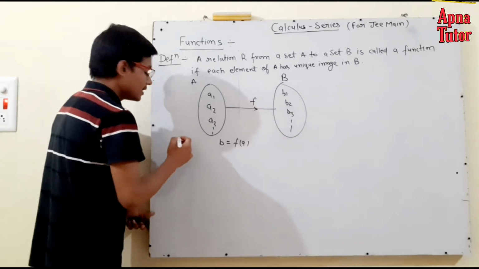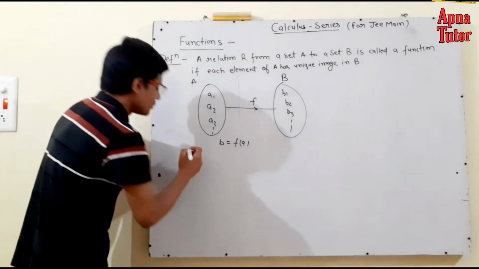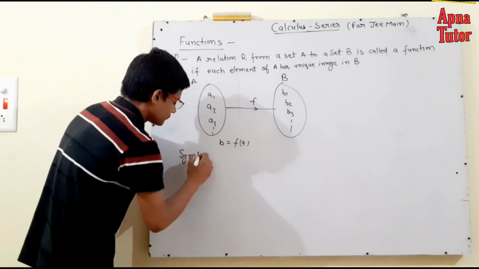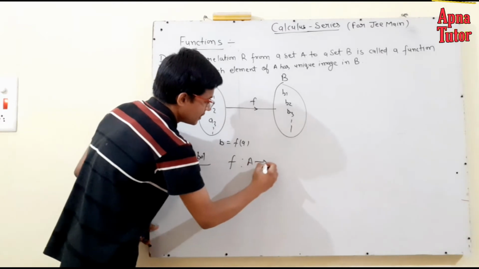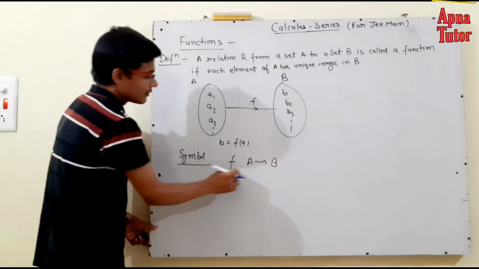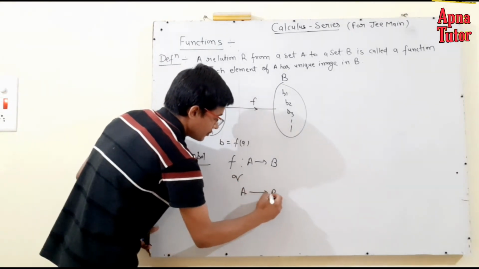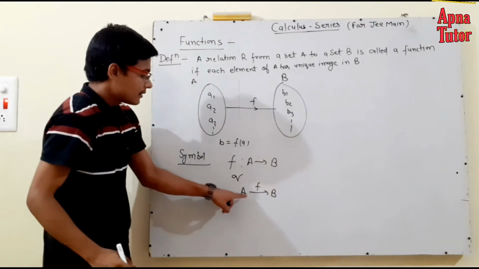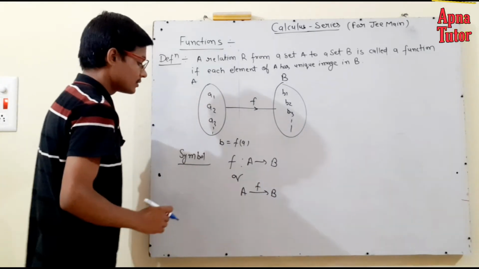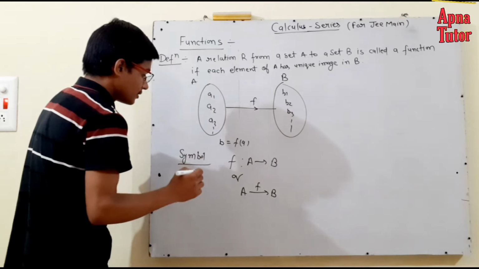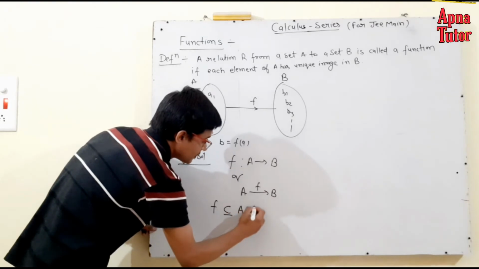So what are the ways to denote the function, and how are they read? The symbol is f colon A to B. It is read as function from A to B, or A maps to B. These are the symbols, and your function is a subset of A cross B. What is A cross B?